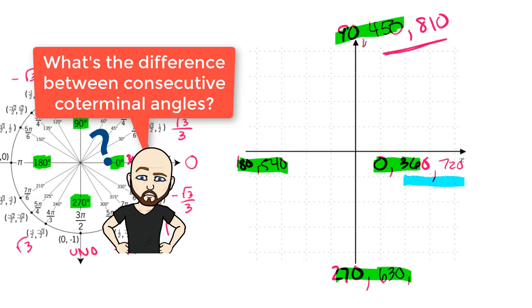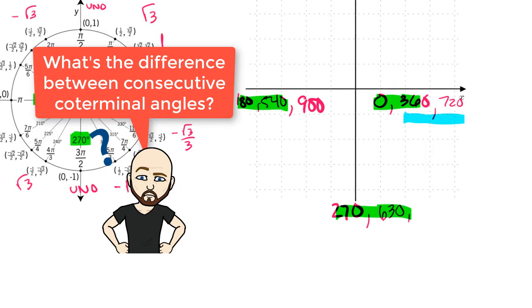And then if I look at 180 and 540, the next angle after that one, coterminal with 180 and 540, would be 900. And if I go one more time around, 270, 630, and then my next angle, that would be the same location as 270 and 630. You probably know by now, if I add another 90 to that, I would have 990.